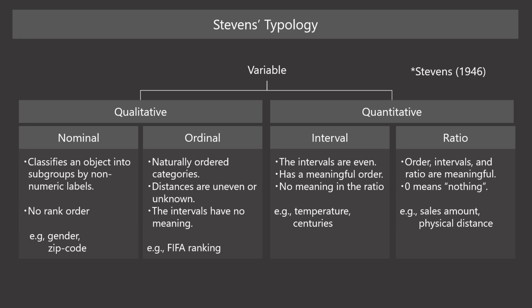It just represents the temperature at which water freezes. So it is an interval variable. On the contrary, when the physical distance between two objects is 0, it means that the two objects touch each other, so that there is no distance between the two. So physical distance is a ratio variable.